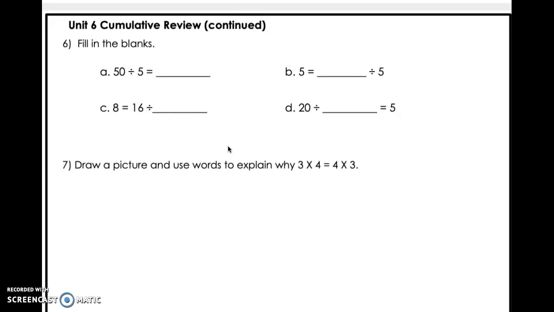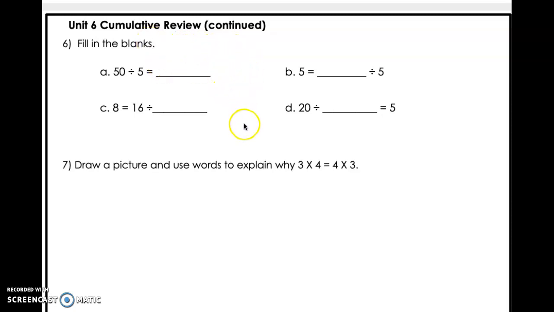Going on. Fill in the blanks. Well, 50 divided by 5 equals what? Now you can think of this two ways. 5 times what is 50? If you know your multiplication, you should know 5 times what is 50, going backwards. If not, make 5 circles.